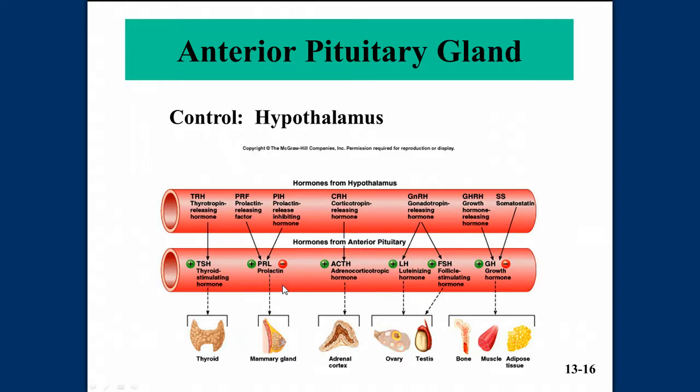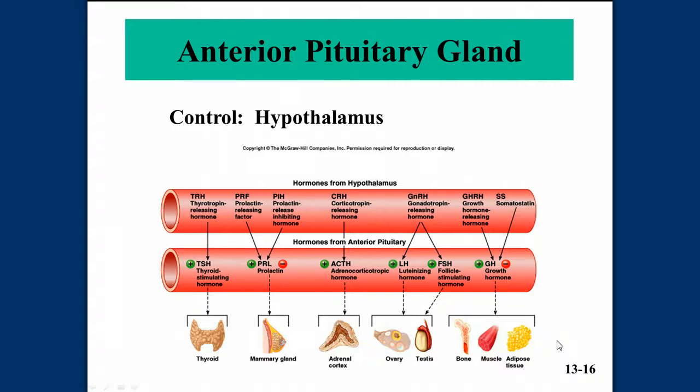Okay, and it's like we talked about neurotransmitters before, where you can have excitatory or inhibitory, and sometimes both are released, but it is the amount or the level that is released that will determine which way that reaction will go, and it's the same thing here. Okay, and then this just represents the target cells that the anterior pituitary will reach.